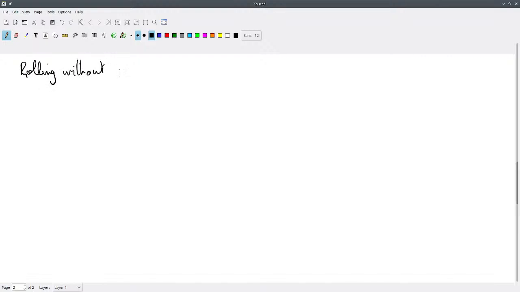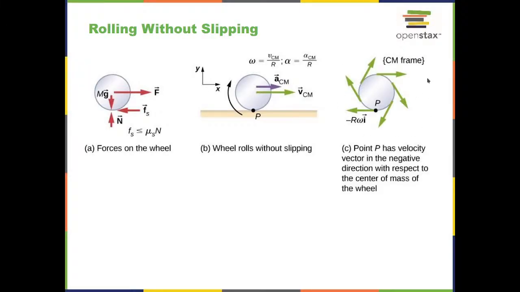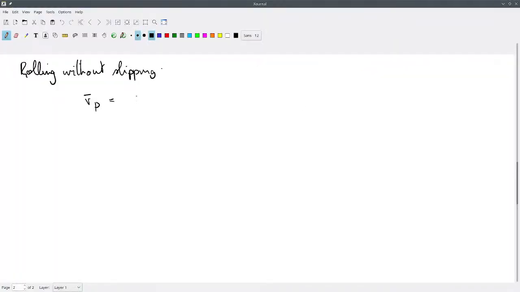Rolling without slipping requires that we calculate the velocity of the point P. That will be the rotational velocity, which is shown here in this third panel. That's the velocity going in the minus x direction, and it has a magnitude of r times omega. That's the tangential velocity due to rotational motion, so that's Vt of point P.